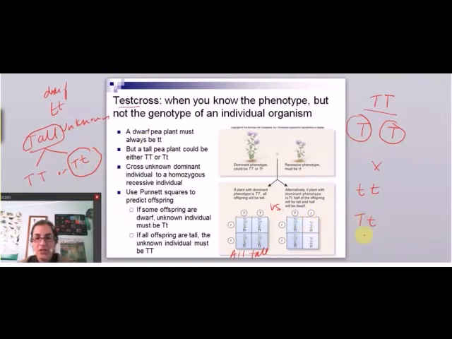So taking big T little t and crossing with little t little t. So this part's the same. Then I would get 1-to-1 tall to dwarf. So I can perform a test cross to find out, does my unknown give me all tall offspring, or does my unknown give me 50% dwarf offspring? If I get 50% dwarf offspring, then the unknown individual must be a heterozygote. If I get 100% tall offspring, then my unknown individual must be homozygous dominant.